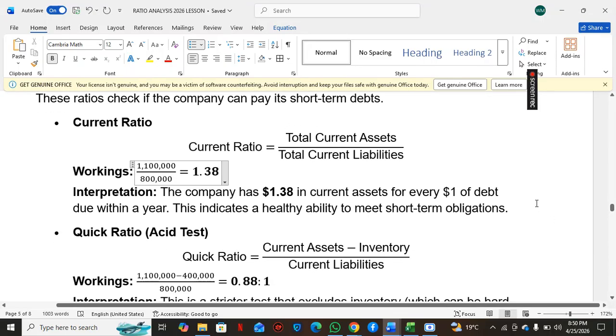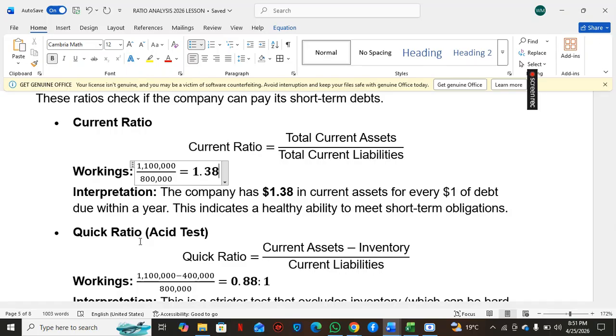All right. Now you've got the quick ratio. Here we're just saying, if we exclude inventory from the current assets, are you still going to be able to cover your current liabilities with the remaining current assets?